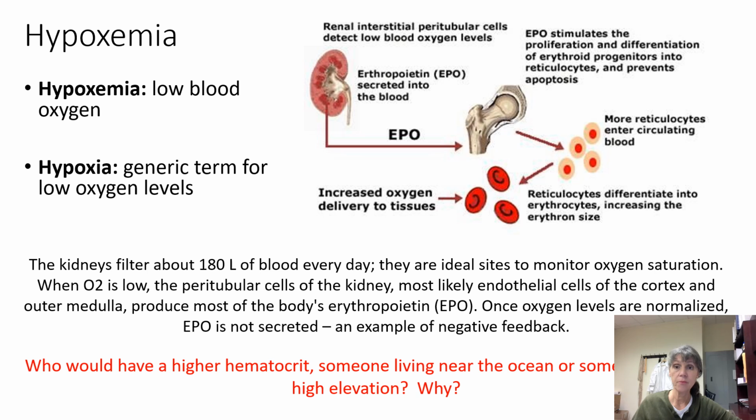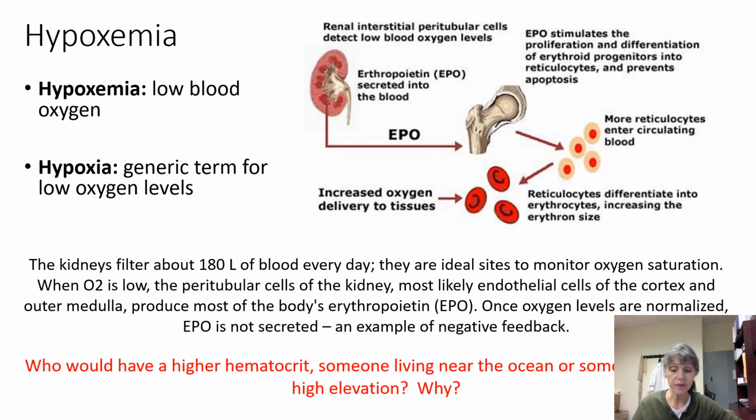So now we have more reticulocytes entering the circulation of the blood, and they start to differentiate into erythrocytes by getting rid of the nucleus, and the organelles inside those cells also start to basically dissolve, and those pieces would be extruded, and then there are more erythrocytes at that point that are able to carry oxygen throughout the body to the different tissues.